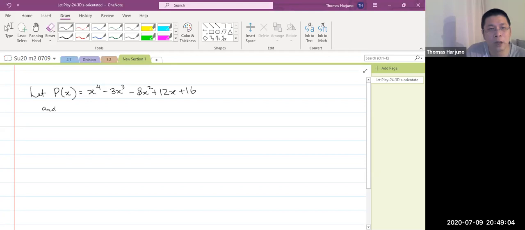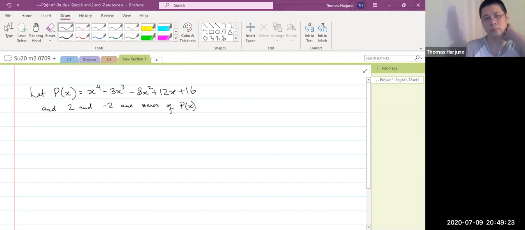And 2 and negative 2 are zeros of P(x). Now use this information to graph P(x).